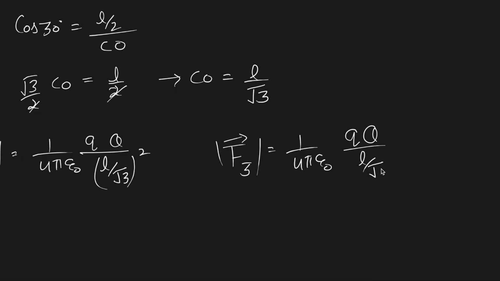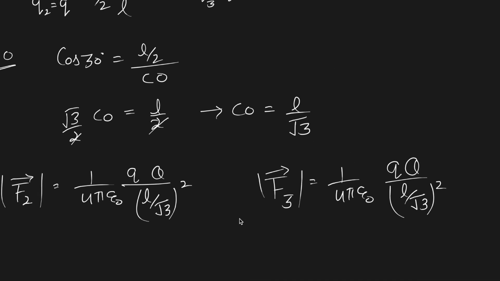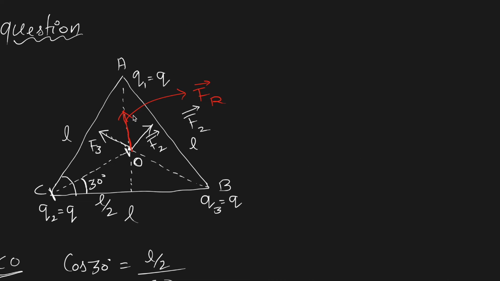This is also with the length L by root 3 the whole squared, and this is the F1 and F2 magnitude, and the resultant comes out in the direction of the vertex A. This Q also applies a force on the capital Q in this direction, and we are going to find that also.